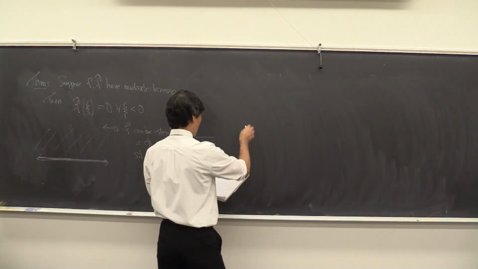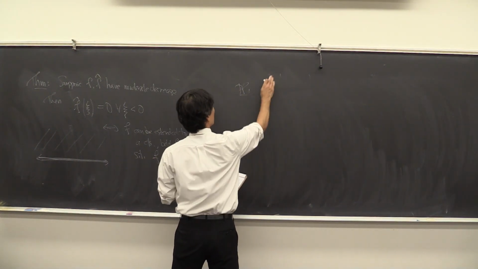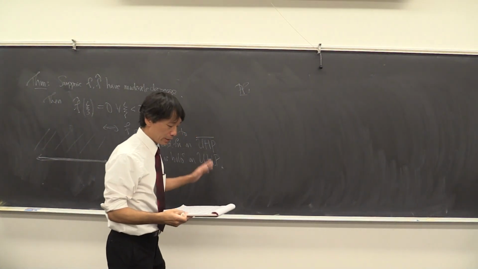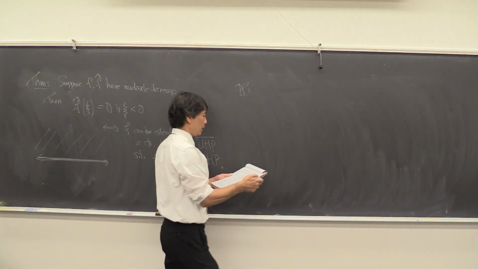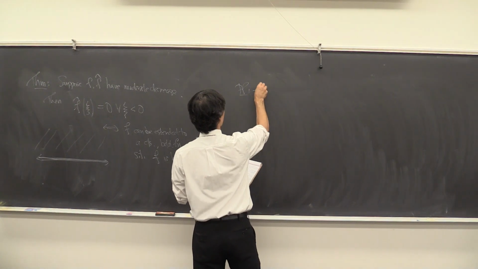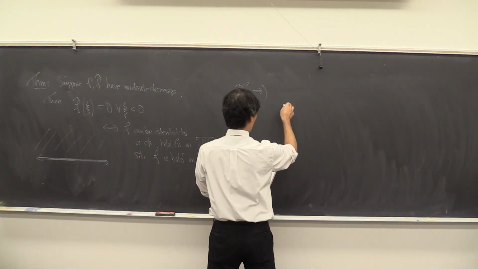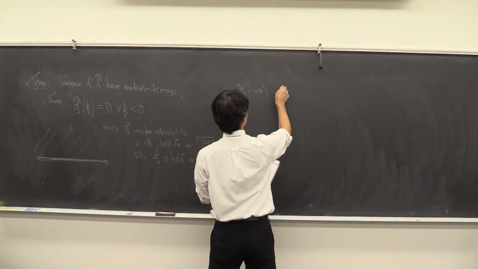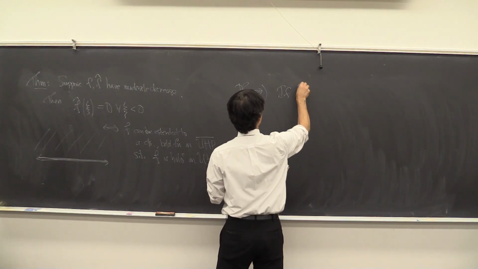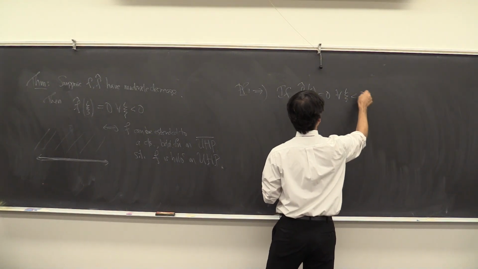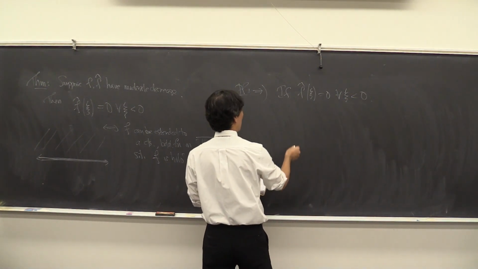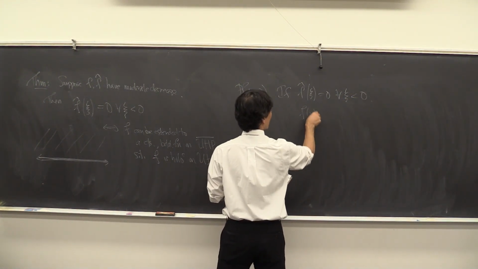Okay, so for the proof I'm only going to show the forward direction. It's kind of familiar. If you know that the Fourier transform is zero for all negative c, then you can use the inversion formula.